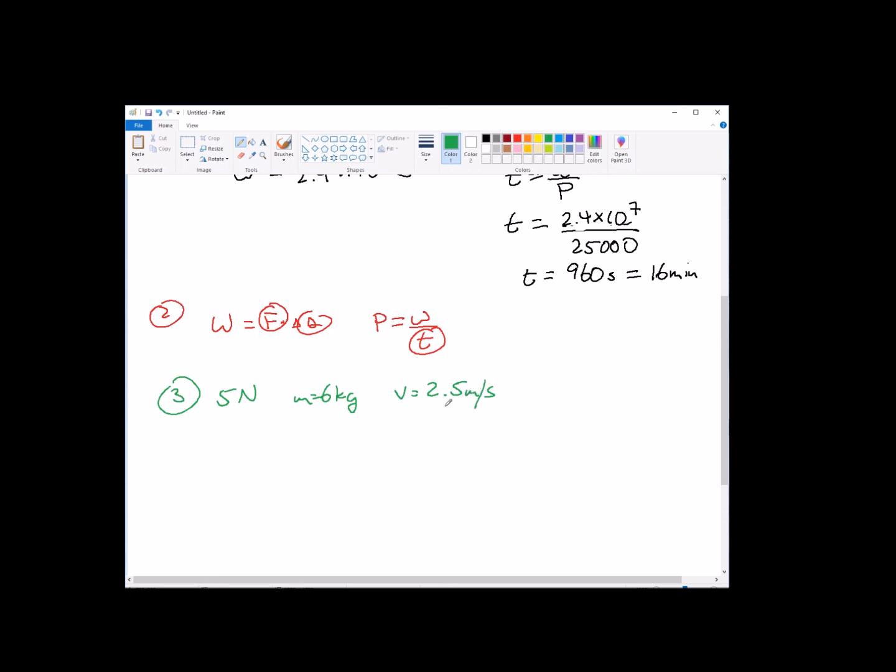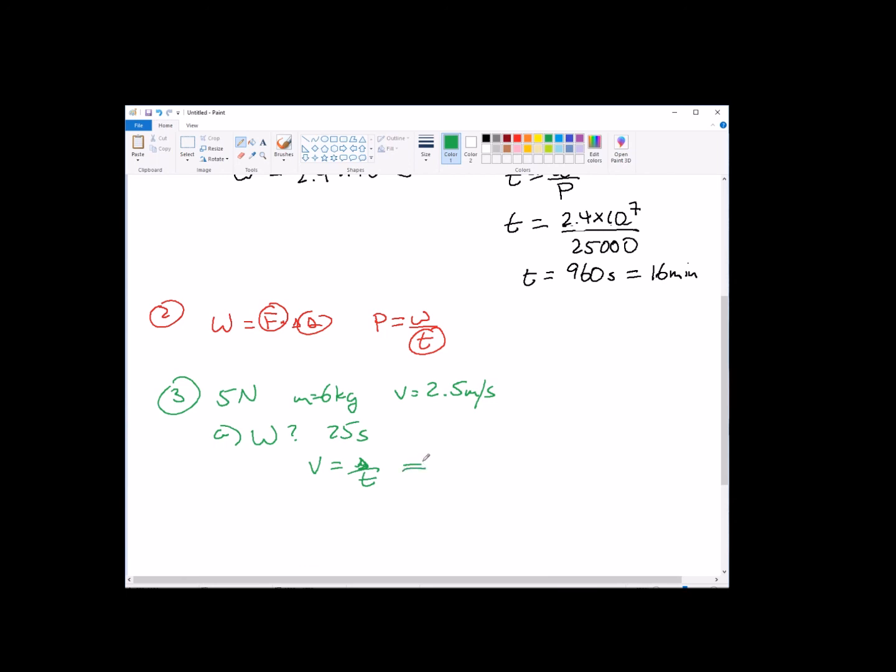Okay, so we want to know, what is the work done for 25 seconds? The first thing we should do is use one of our older equations. Velocity we know is equal to displacement over time, right?